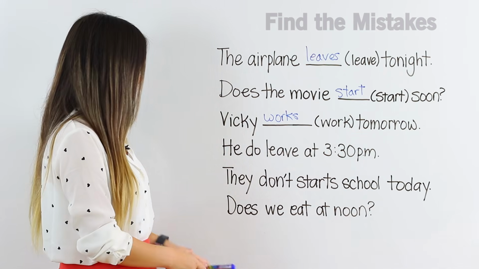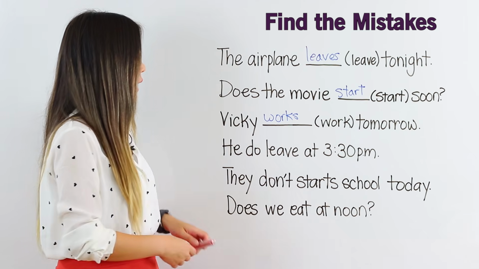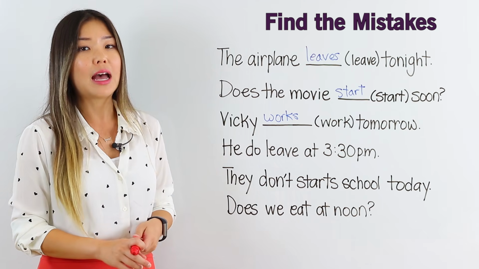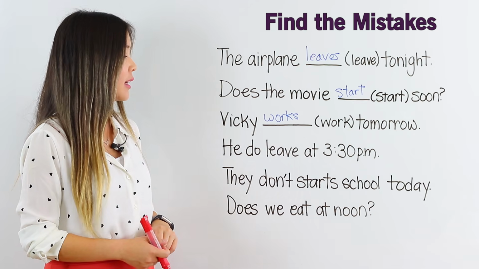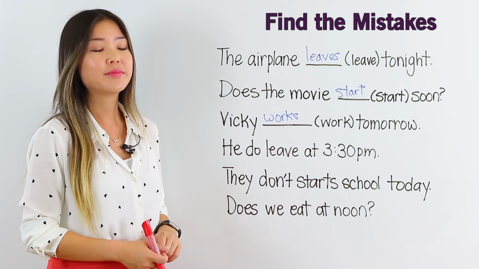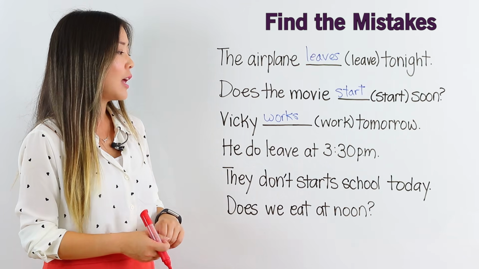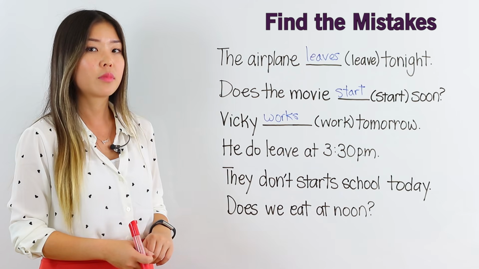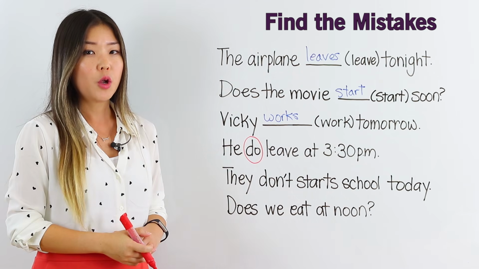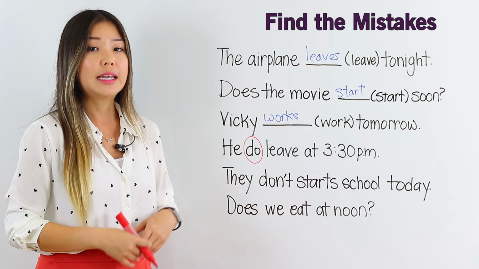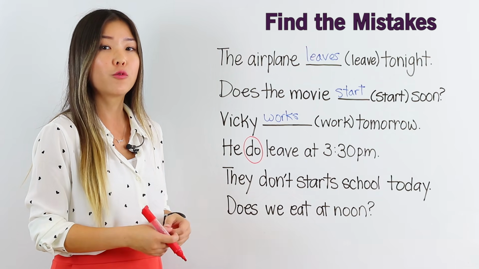Now, let's find the mistakes in the sentence below. He do leave at 3:30 p.m. Actually, there's only one mistake. Can you find it? He do leave at 3:30 p.m. We do not need the do here. We only use do in a question or in the negative form.